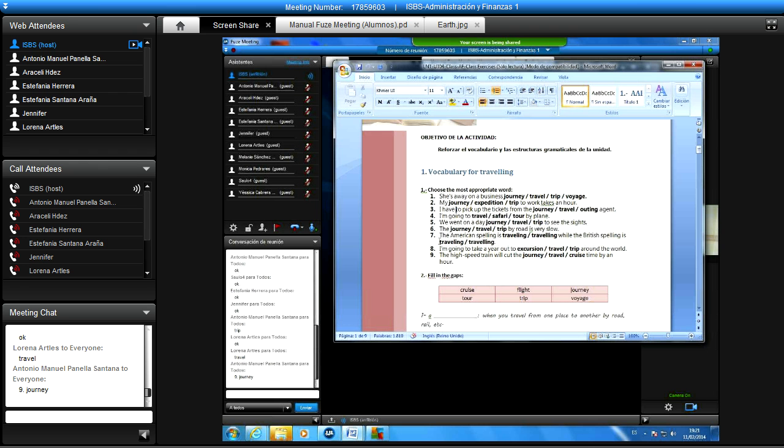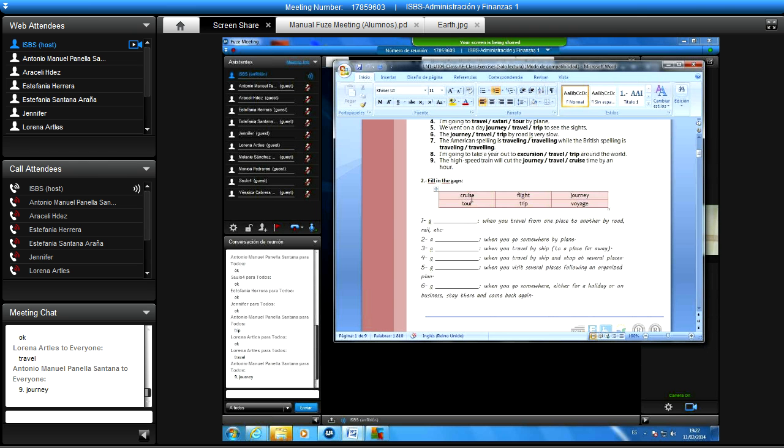So the second activity, you have definitions of cruise, flight, journey, tour, trip, and voyage. So what's number one? When you travel from one place to another by road, rail, etc. Journey. Number two, flight. Three, voyage. When you travel by ship to a place far away, a distant, remote place.